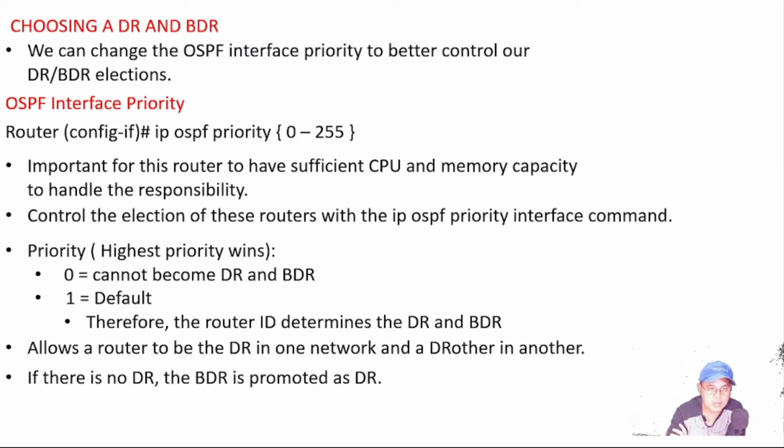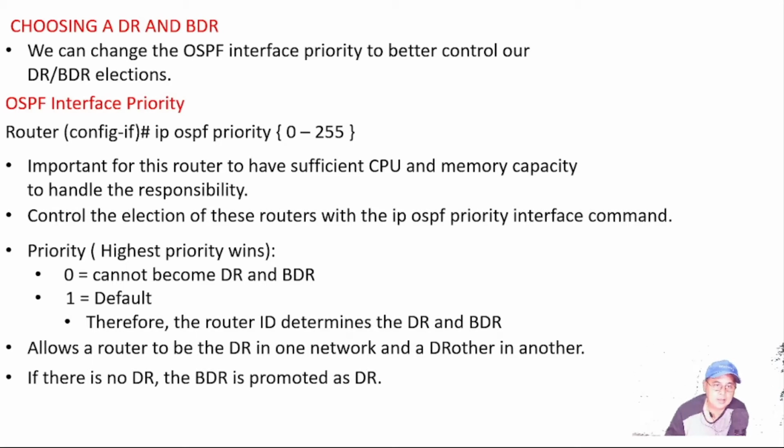And 1 is the default. So once you turn on the router, the default priority is 1. If you want to make the router DR, as much as possible, use the highest priority ID, which is 255.